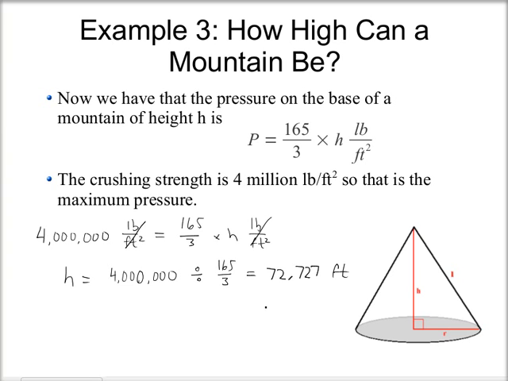And the actual tallest mountain is Mount Everest, which is about 5.5 miles high, and this is about 13.8 miles high. So that's a lot taller than the actual tallest mountain, and there are probably some other limits besides gravity and crushing strength that mean that mountains can't be quite that tall.